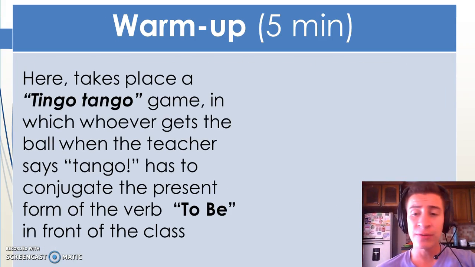This is the initial phase of the lesson planning, which is a warm-up, and it will take about 5 minutes. Here a tingo-tango game takes place, where whoever gets the ball when the teacher says "tango" has to conjugate the present form of the verb to be right in front of the class.